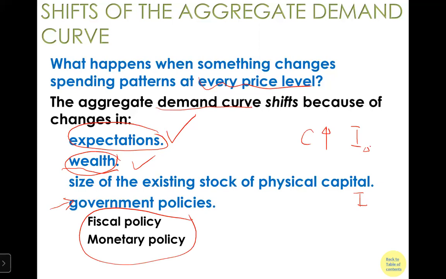If we know the government is going to cut the tax, that essentially makes our disposable income increase in the future. So that is going to lift up aggregate demand as well, because you have more to spend in the future. Okay, so those are the factors that can cause the aggregate demand curve to shift.